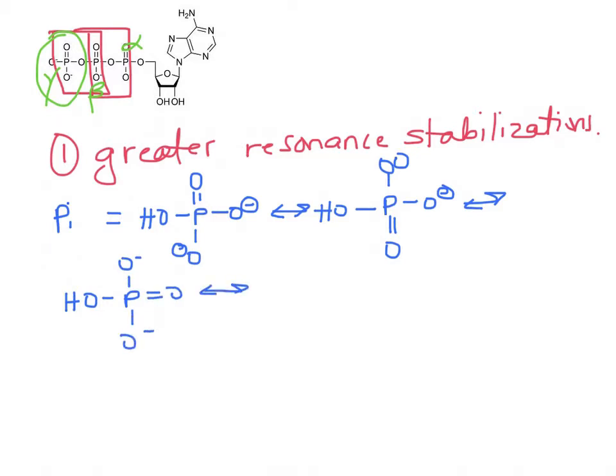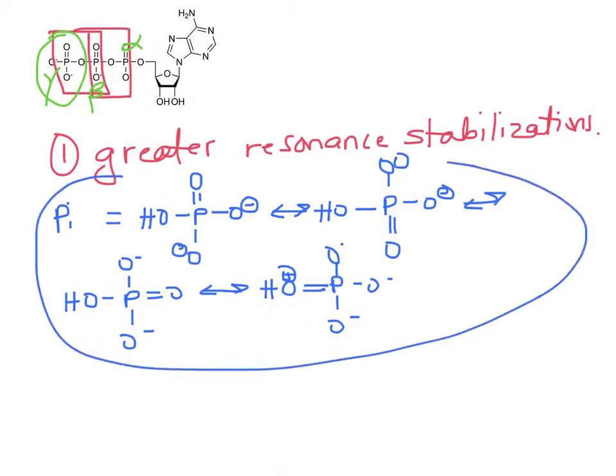In addition, there's a fourth resonance form where there's a positive charge on the oxygen and all the other oxygens are negative. So we have greater resonance stabilization because we have these new resonance forms, and then we can still have resonance on the oxygens of the beta phosphate group.